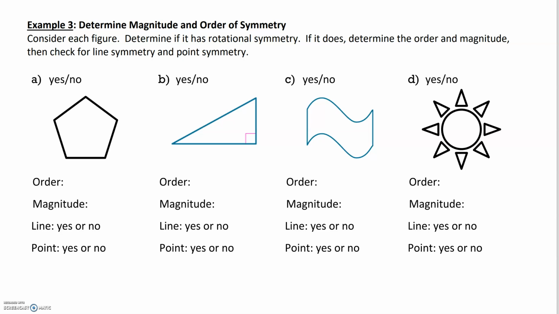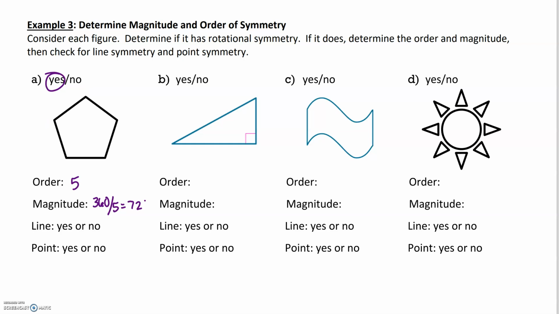Since it is a pentagon, no matter how you rotate it, it's still got all those 5 sides, which are all the same. So yes. The order: I could have this point coming here, so that's 1, and then 2, 3, 4, and 5. So it would map itself 5 times. So I would take 360 divided by 5 to figure out the degrees, which would be 72 degrees.